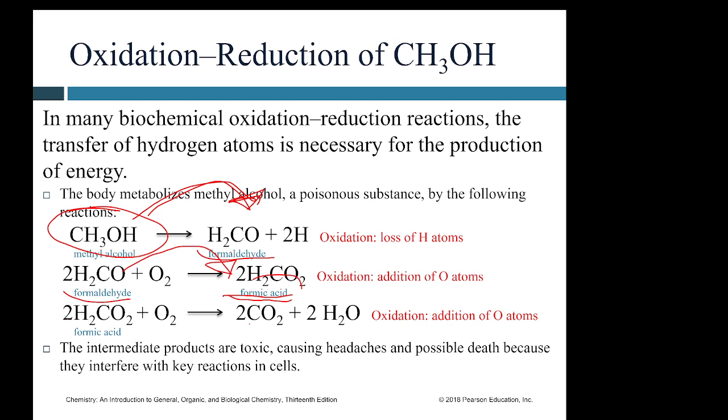Okay, anyways, we make formic acid. The reason your body is making the formic acid is that it would then be further oxidized to CO2, and then you can breathe the CO2 out eventually. That's basically how you try to get rid of things. These intermediates are toxic. They typically cause headaches, possible death, because they interfere with key functions of the cell.